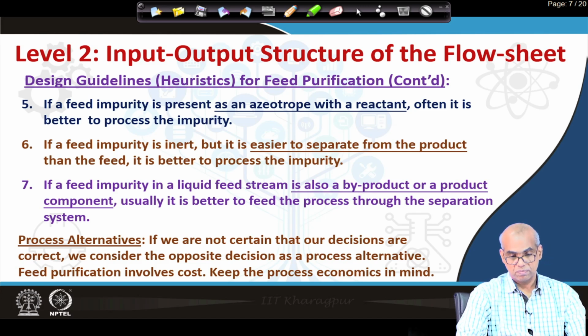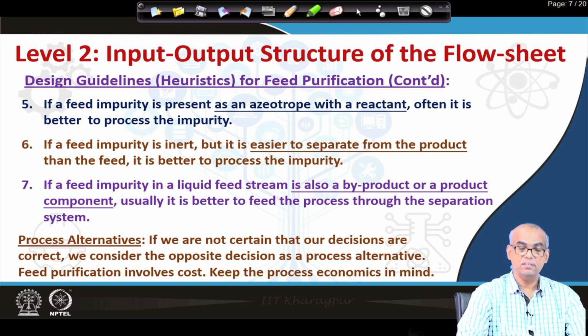Process alternatives: if you are not certain that our decisions are correct, we consider the opposite decision as a process alternative. Feed purification involves cost. So, always keep the process economics in mind.